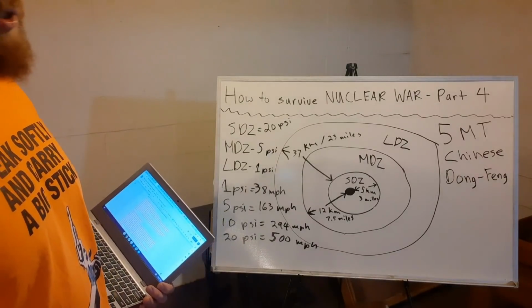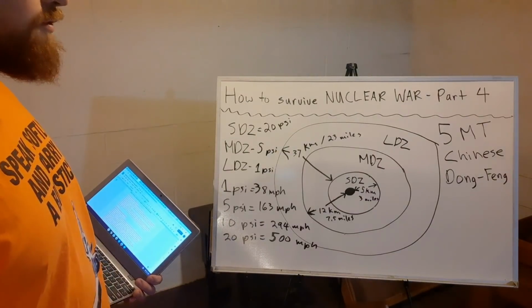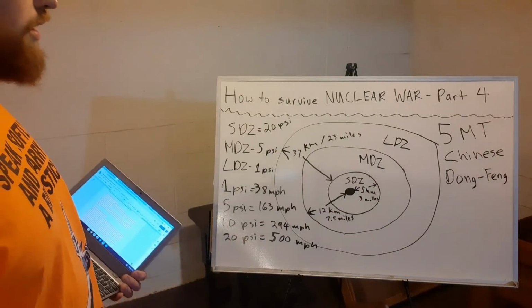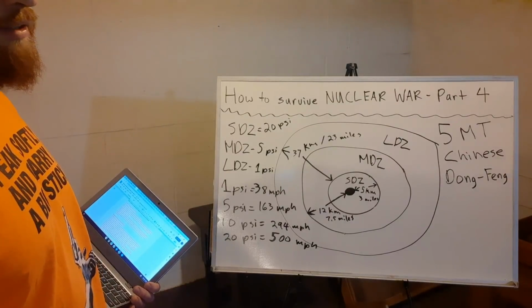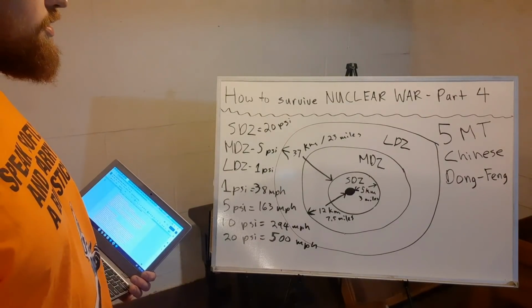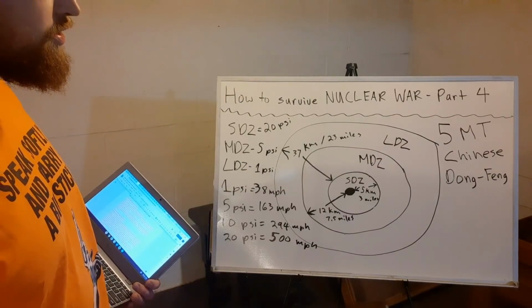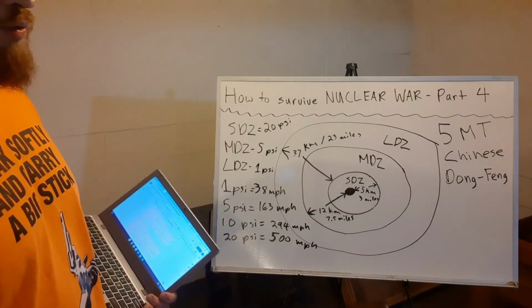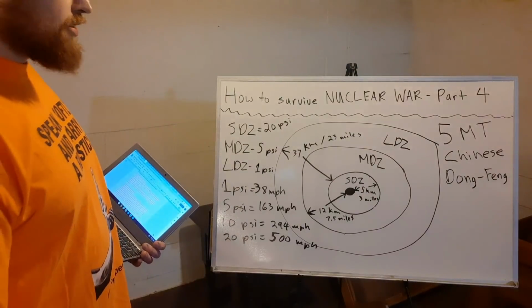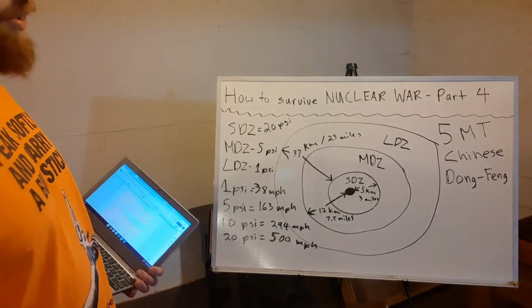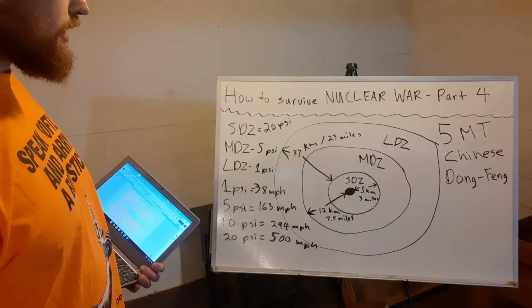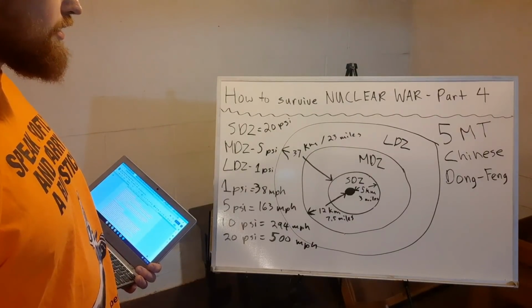The extreme damage zone is just for military planners when they're figuring out how to harden their nuclear bunkers, their silos, and their doomsday bunkers. They need to know what the extreme damage zone is, so this way they can appropriately harden their bunker to withstand the PSI.